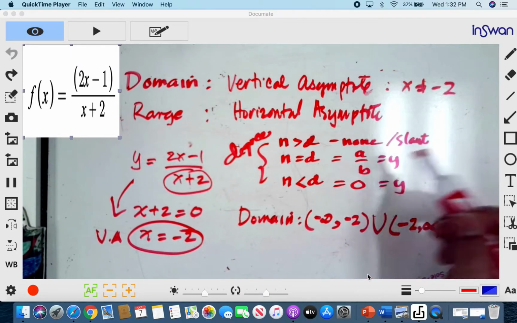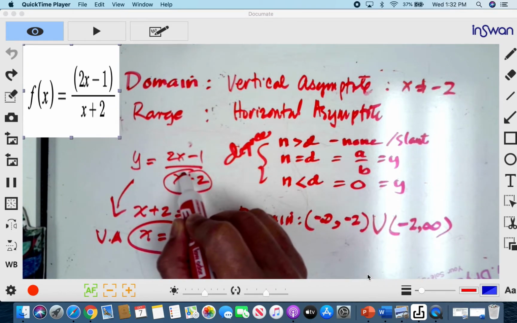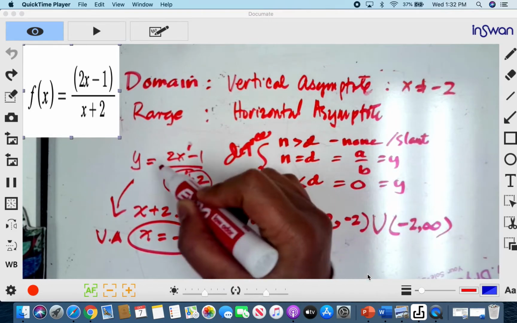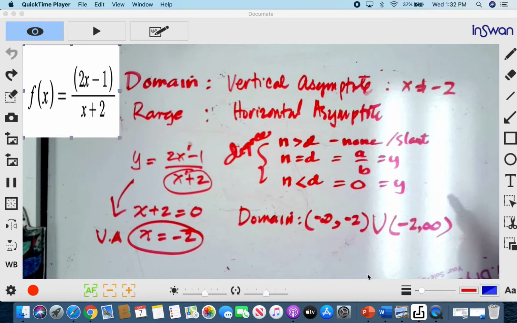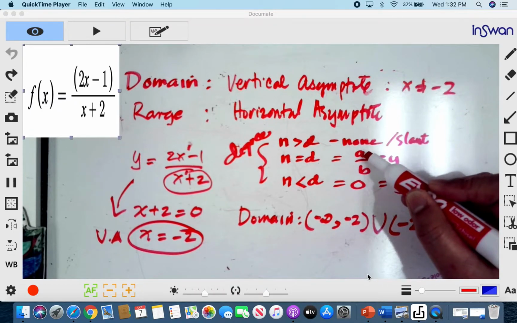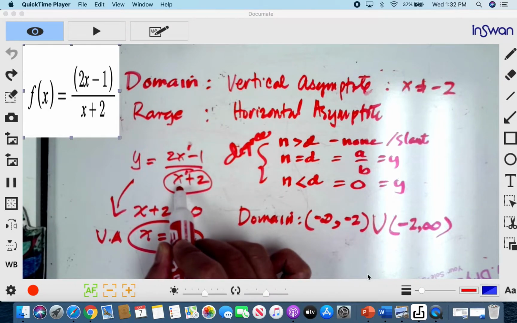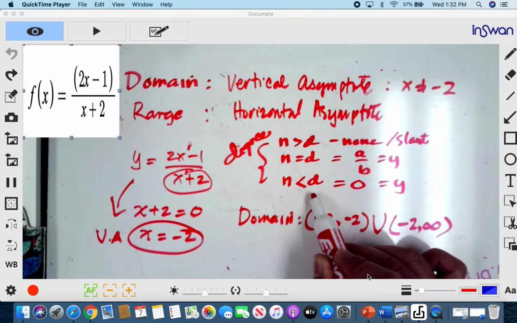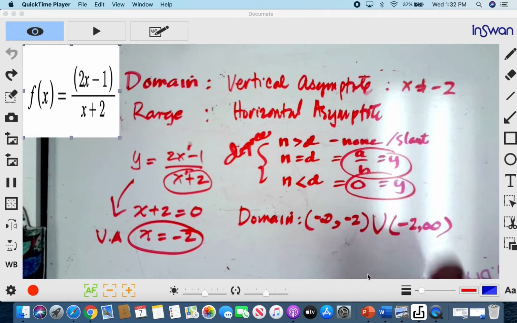Now if the degree of the numerator is equal to the degree of the denominator, in this case both of them are 1, you just divide the numerical coefficients of the highest degree variable in the numerator and the denominator, a over b. But if the degree of the numerator is less than the degree of the denominator, then of course the horizontal asymptote is 0.